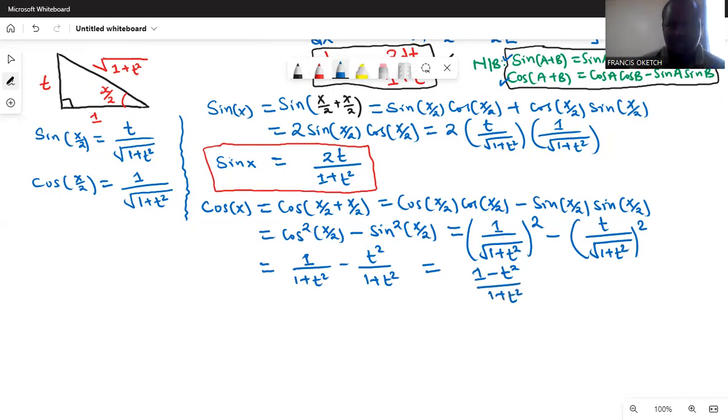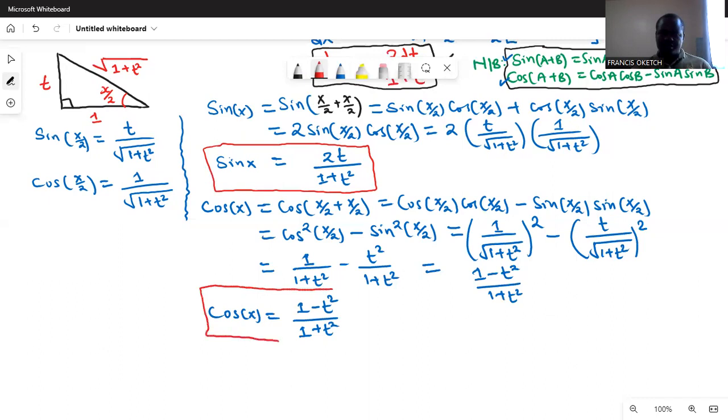So therefore we can say that cos x is the same as 1 minus t squared over 1 plus t squared. That is cos x in terms of t. I will also bracket this because we need to use it.